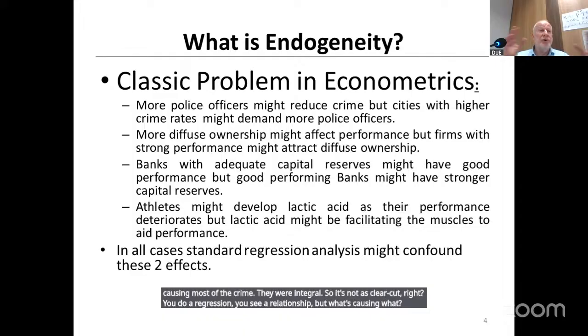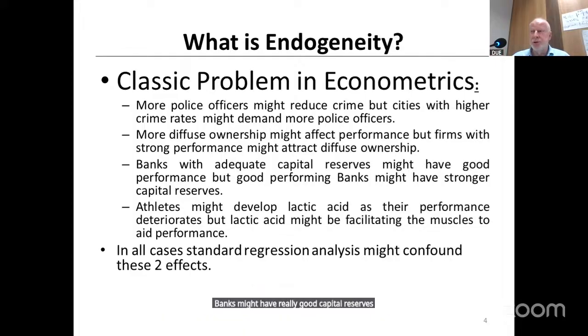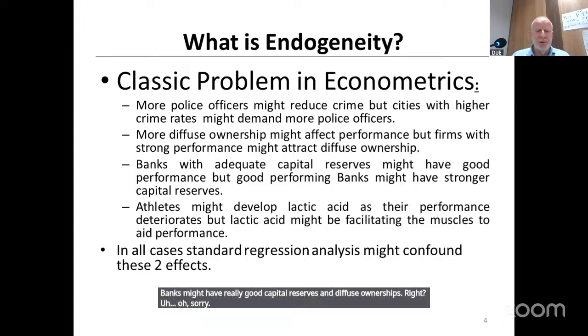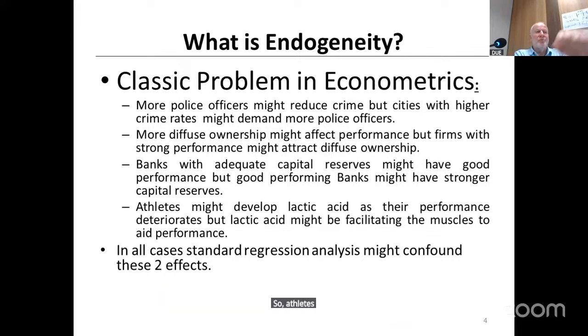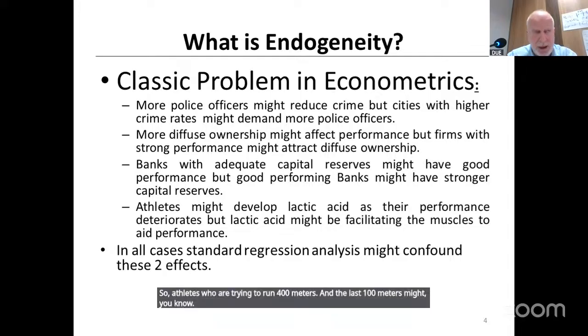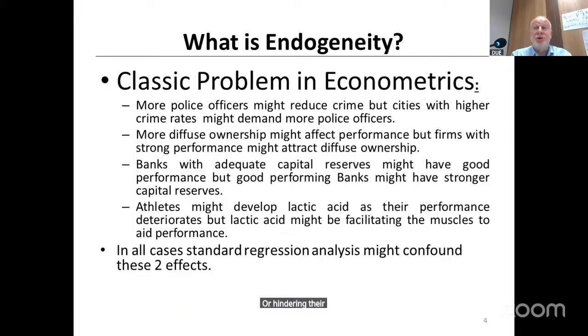Banks might have really good capital reserves and diffuse ownership, right? Good performance, but good performing banks might have stronger capital reserves. Take athletes who are running 400 meters, and in the last 100 meters they develop lactic acid. Is the lactic acid helping or hindering their performance? Everyone used to think that it was hindering the performance.